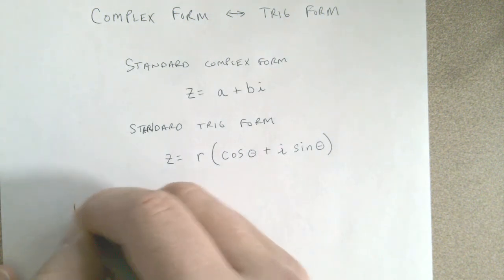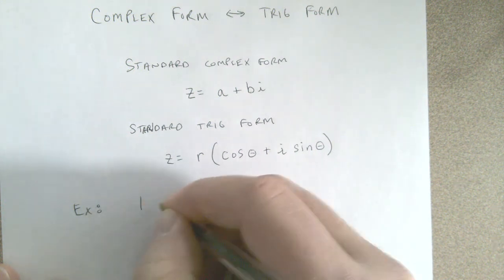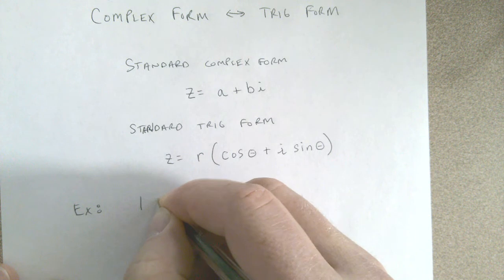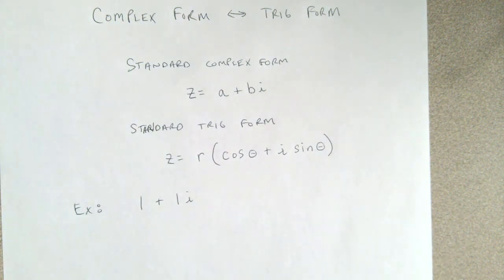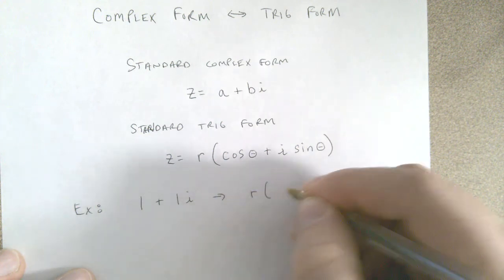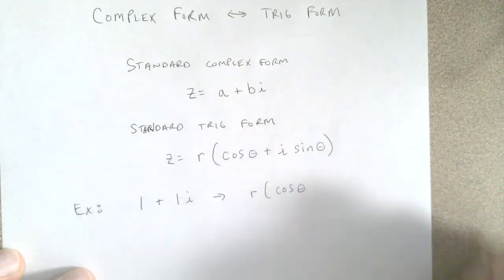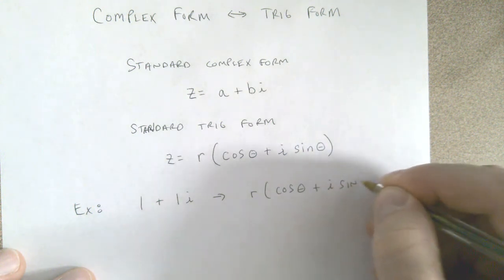So let's look at an example here. We'll just do 1 plus 1i. We're going to start in standard complex form and put it into trig form. Remember, trig form is r(cosine theta plus i sine theta).